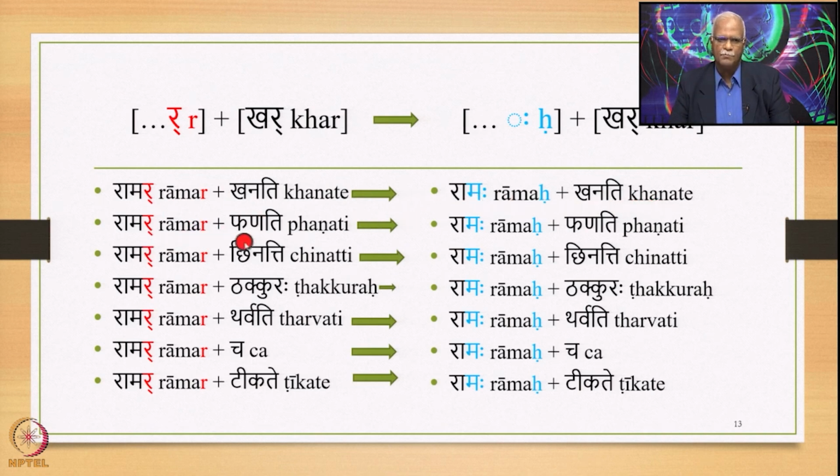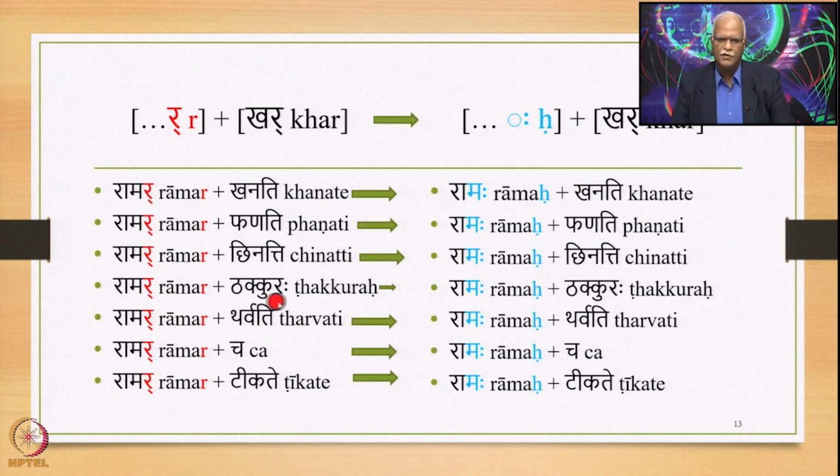Similarly, ramar plus phanati, and this p is khar. So, this r is followed by khar, and therefore 8.3.15 applies and the output generated is ramah phanati. Similarly, ramar plus chinatti, and this r then is substituted by a visarga, and so the output generated is ramah chinatti.